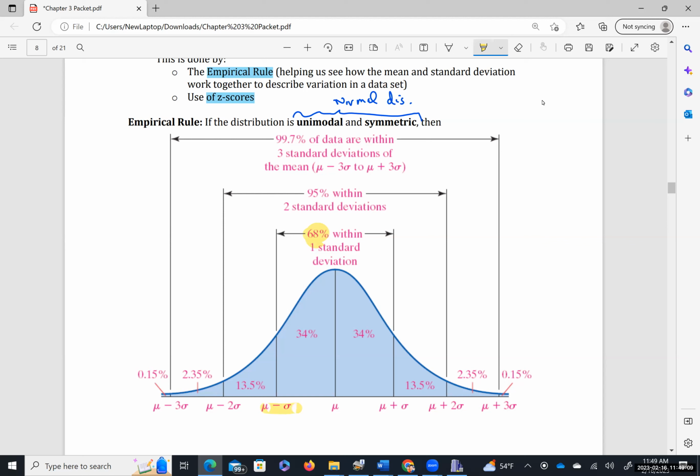So as you see, below one standard deviation and above one standard deviation. And if you split by half, because of symmetry, you can see half on the left will be 34%, half on the right will be 34%.